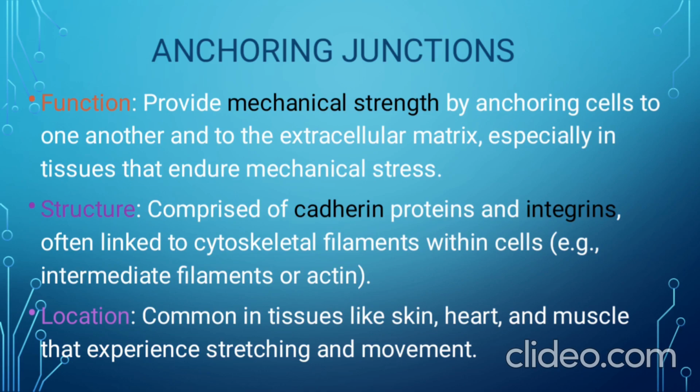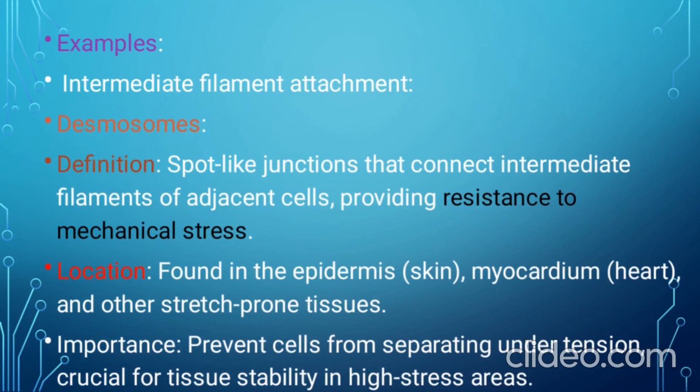Anywhere that is prone to stretching, mechanical stress, or movement, that's where you find anchoring junctions. With the intermediate filament attachment, we have two examples: the desmosome and the hemidesmosome.